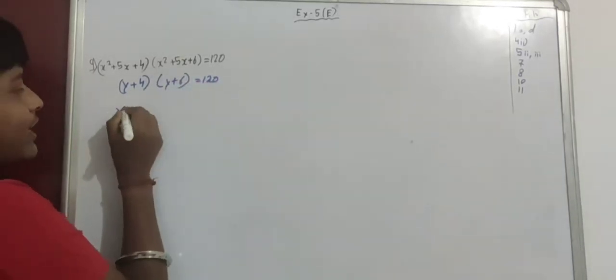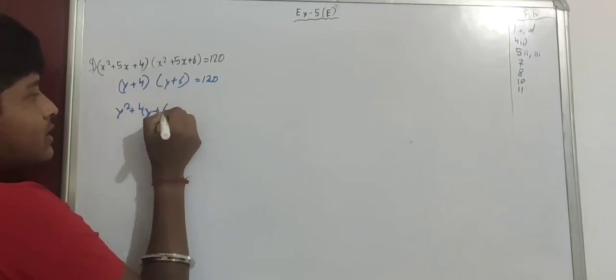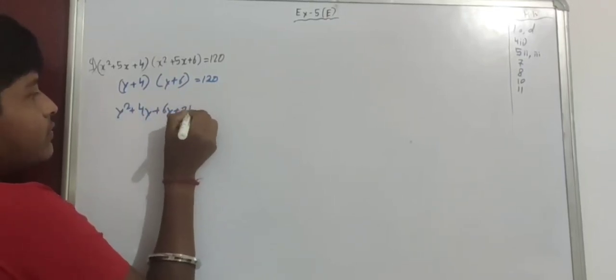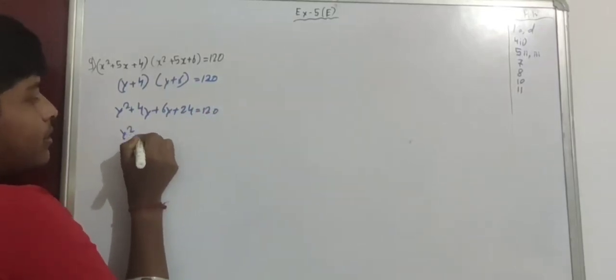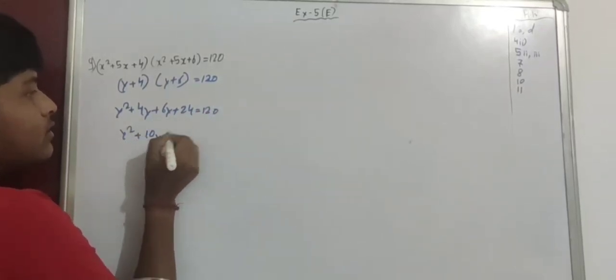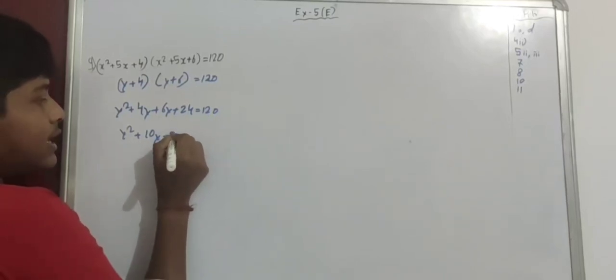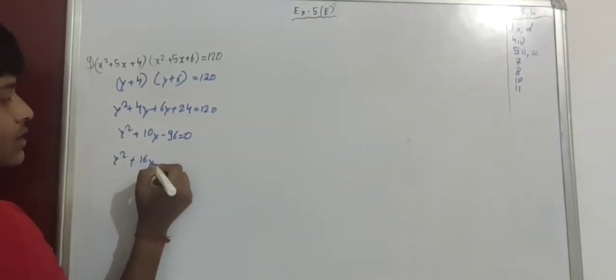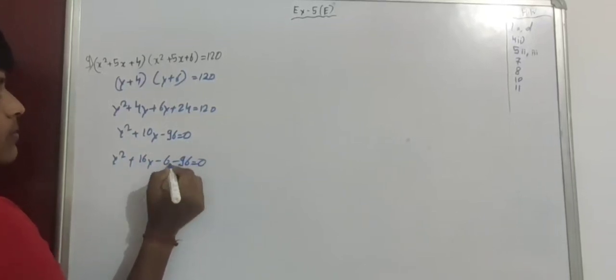So multiply, you have y square plus 4y plus 6y plus 24 is equals to 120. So y square plus 10y minus 96 is equals to 0.